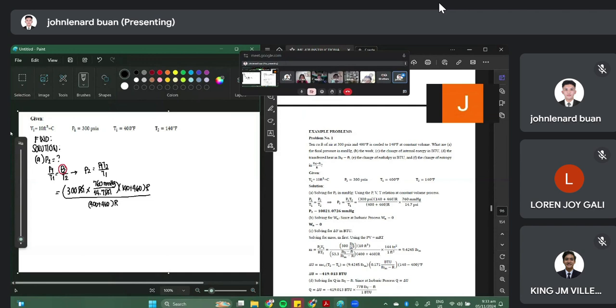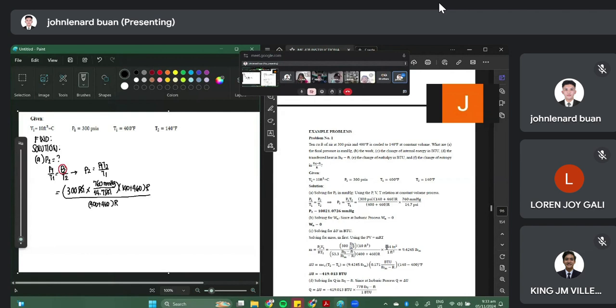Okay? So, ating nga pong i-calculate. Okay, nasaan ang calculator niyo, sir? Ayun lang, wala tayong dalang calculator. I'll try to use my calculator dito sa phone.